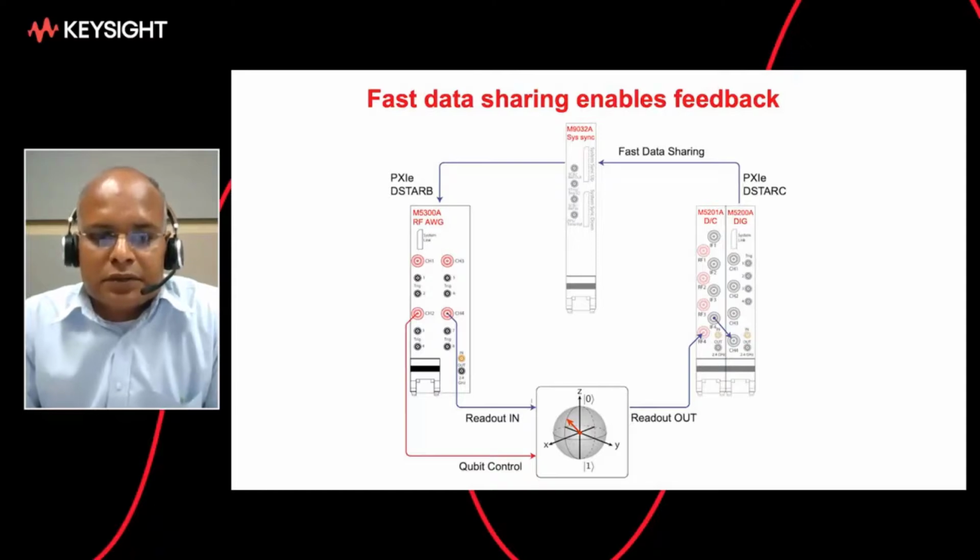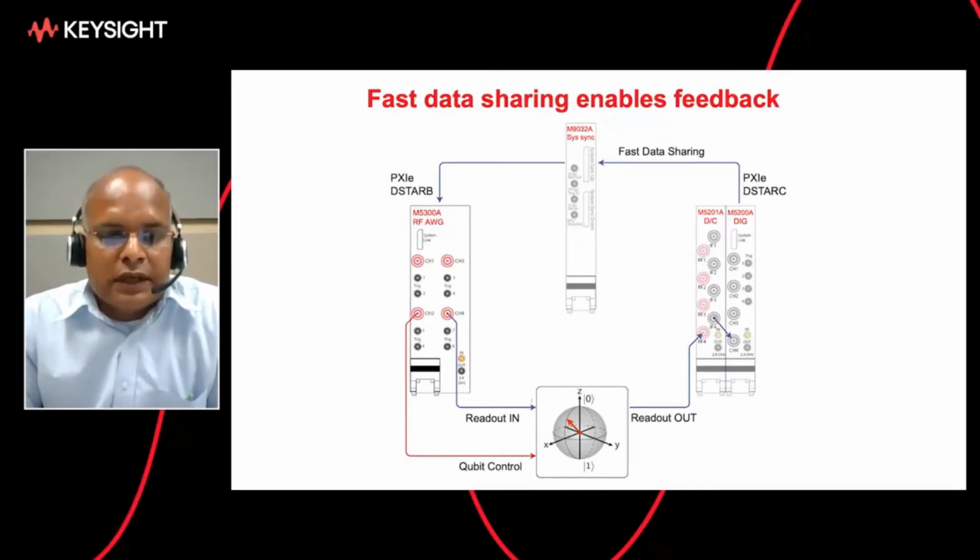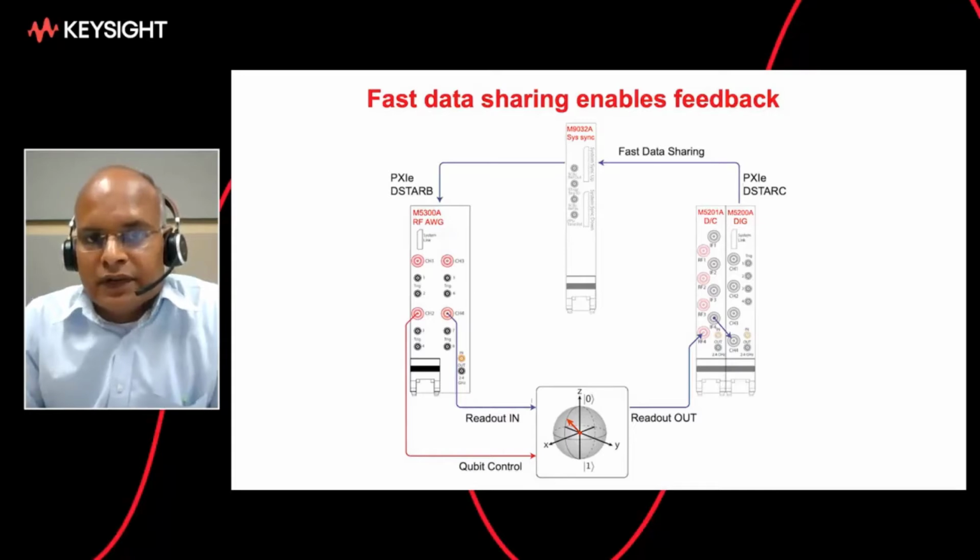They route the feedback results from one or more digitizers to one or more RF AWGs, and the feedback result is fed through this fast data sharing link to the RF AWG, and in the RF AWG, HVI generates another trigger at the right time because it knows the latency of this entire fast data sharing link. HVI knows the latency of every fast data sharing link in the system.